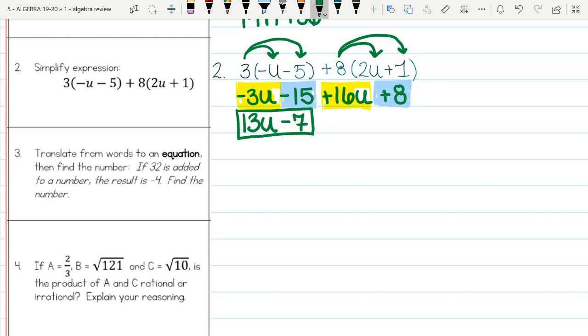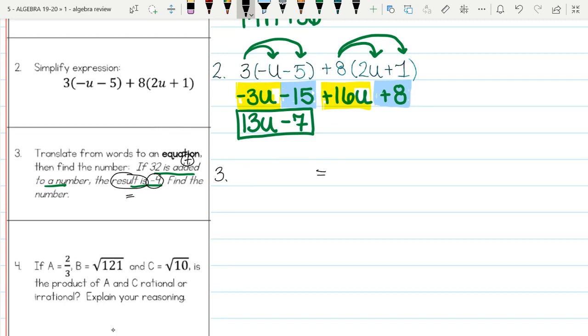All right, so it says translate from words to an equation, then solve. Always read it first, and then I will write it out. So if 32 is added to a number, the result is negative 4. Okay. So 32 is added to a number, the result is, that's the same as saying equals negative 4.